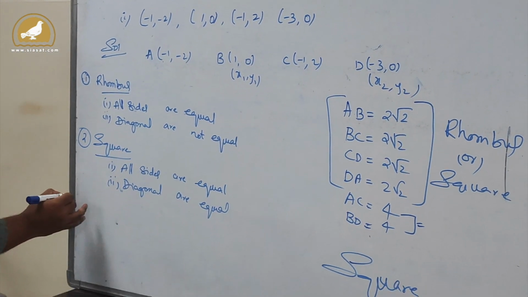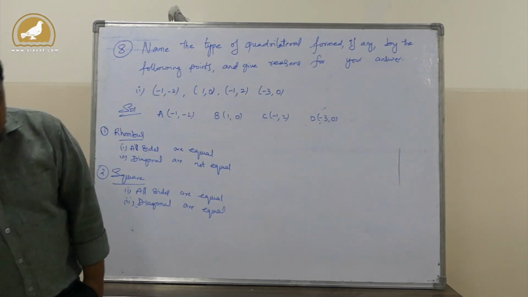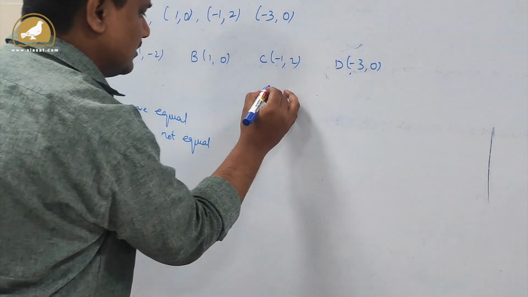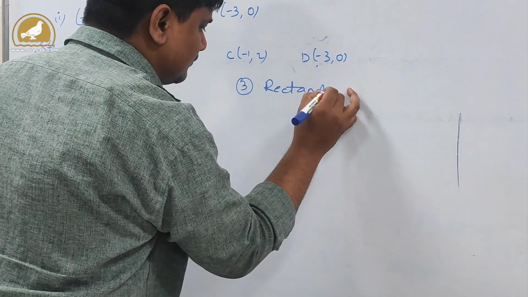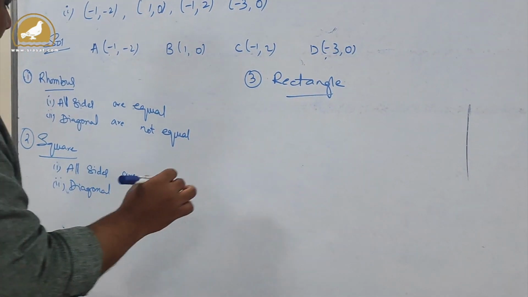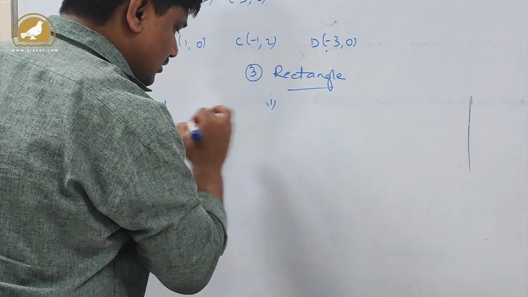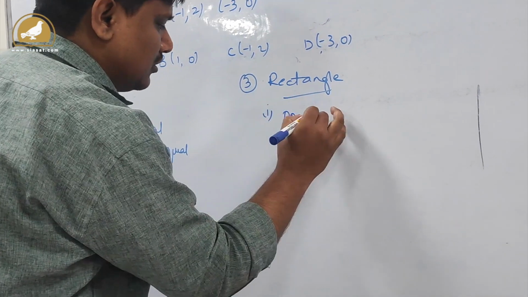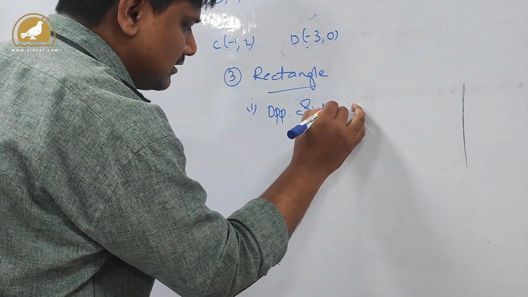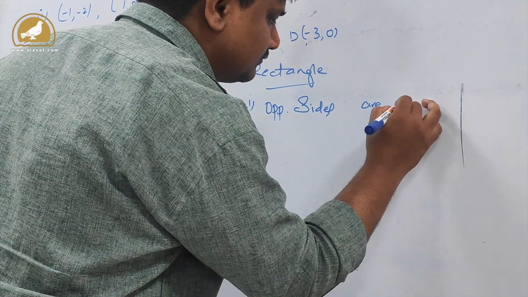What if the third possibility is a rectangle? In case of a rectangle, opposite sides are equal.